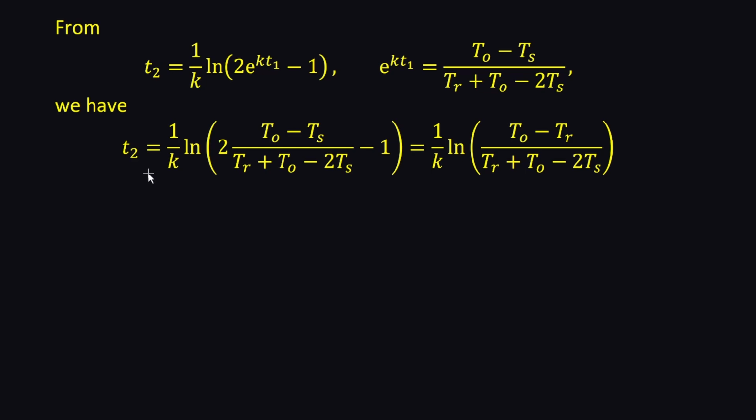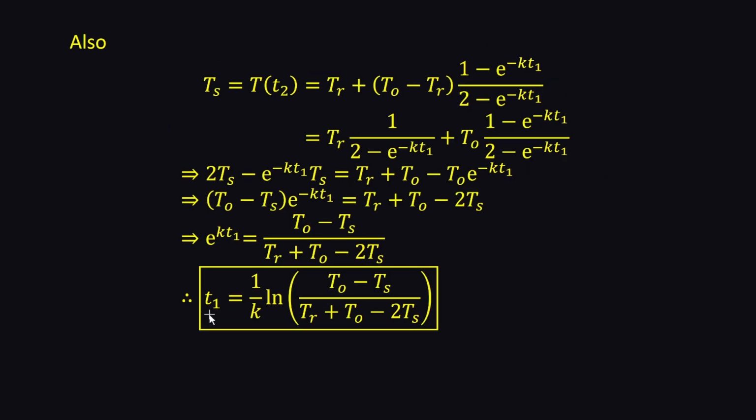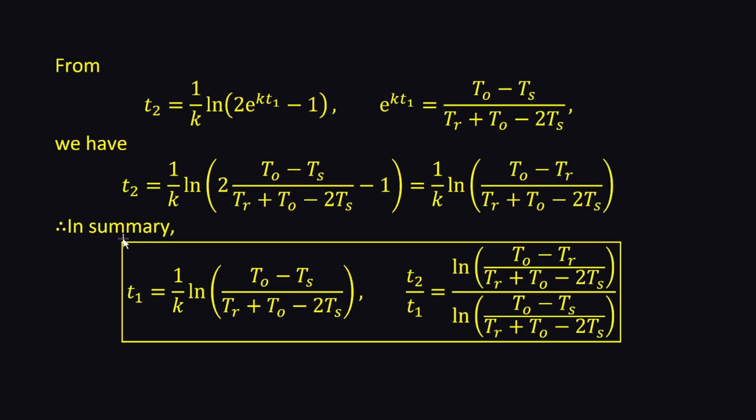So this expression for t2, along with the formula for t1 earlier, gives us a ratio between t2 and t1. And therefore, in summary, we have the time t1, which depends on the three temperatures, To, Ts, and Tr, and the heat conduction constant k. And the ratio between the cooking times t2 and t1 only depends on the three temperatures.